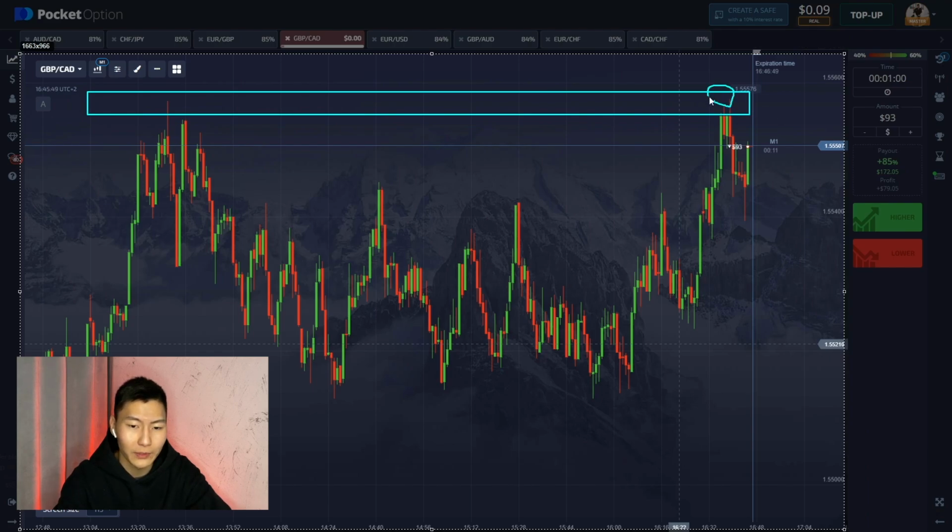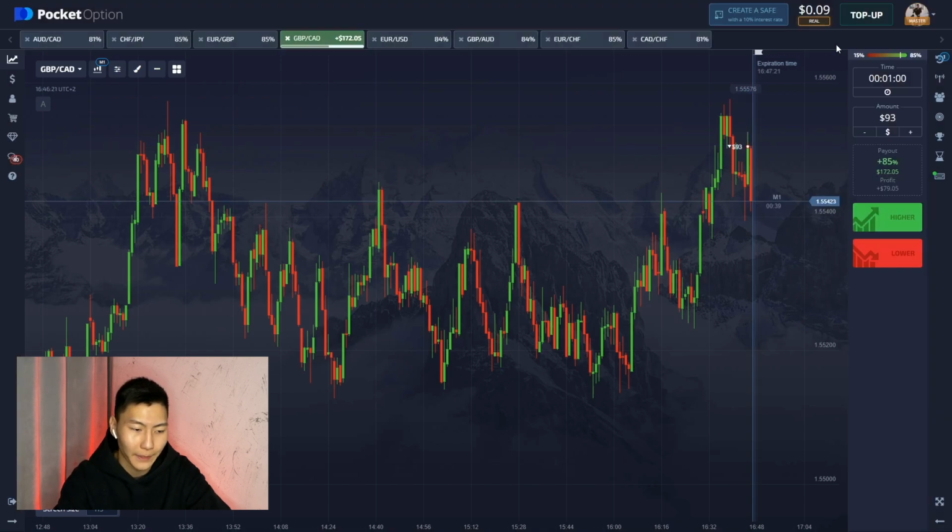The local high was updated, so actually it remained at the same level, and it tells us that the price tends to go down. And after this pullback, I think the price is very likely to go down. So here you can see a huge red candle showed up exactly as we expected.